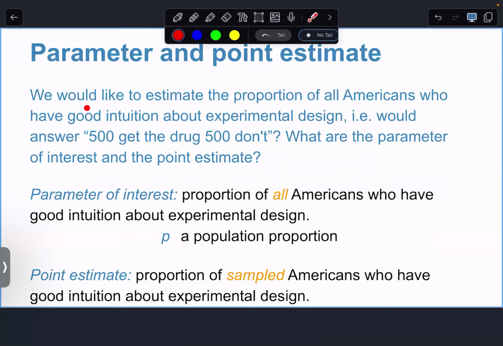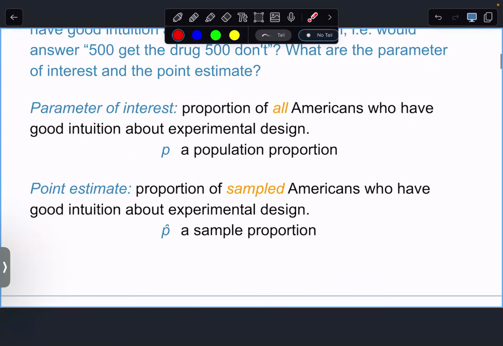So we want to estimate the proportion of all Americans who have good intuition about experimental design, meaning they would answer the 500 and 500. So the parameter of interest is, of course, the proportion of all Americans. I want to know about p, the population proportion.